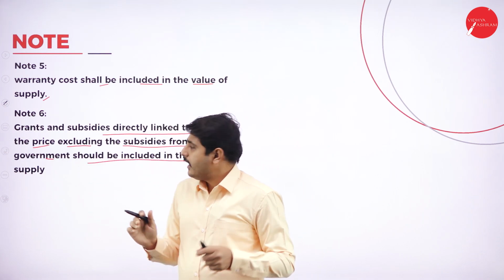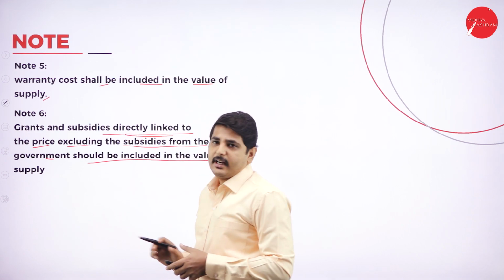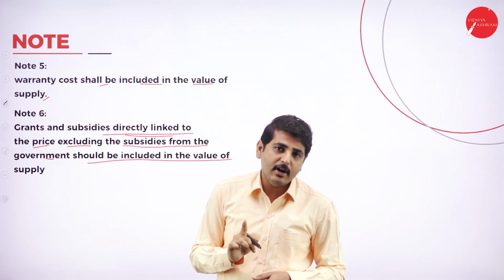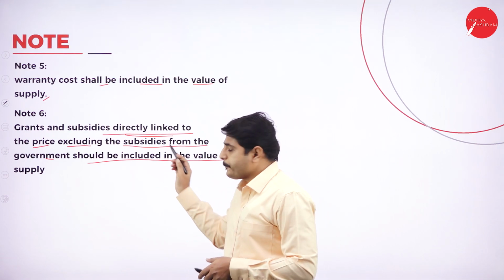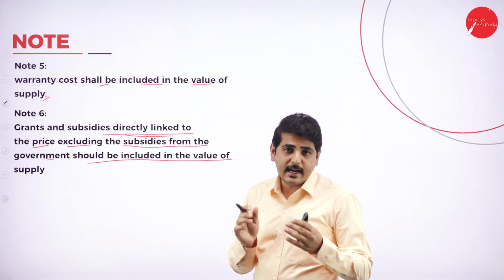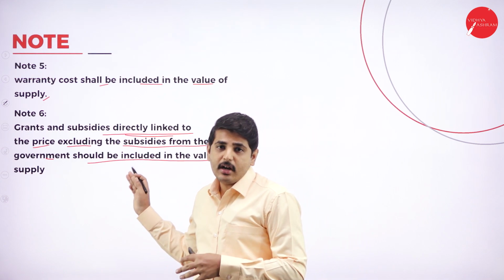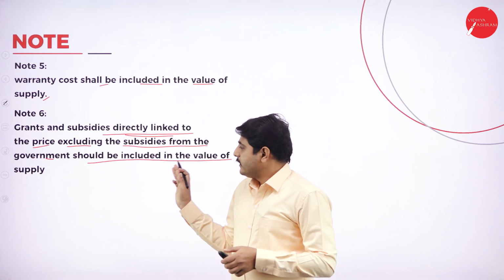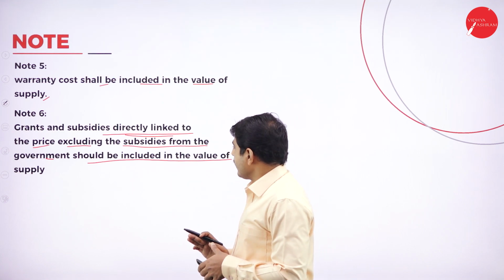So we can add any grants from the subsidiary company or holding company, but any grants from the government or any other authorities, it may be state government or central government, we should not consider that type of grants while calculating the value of taxable supply.